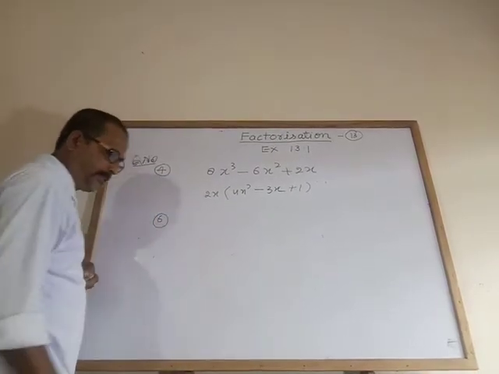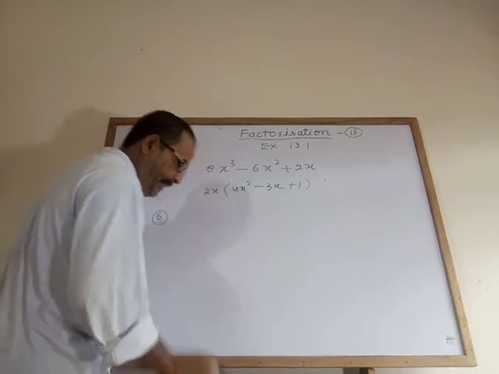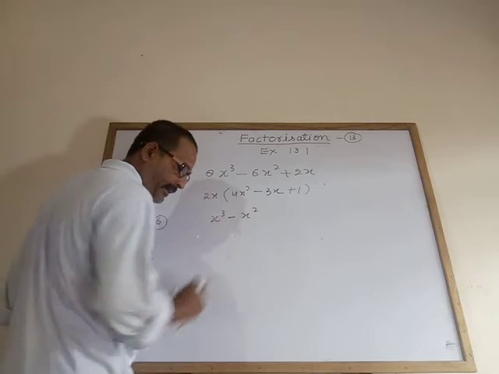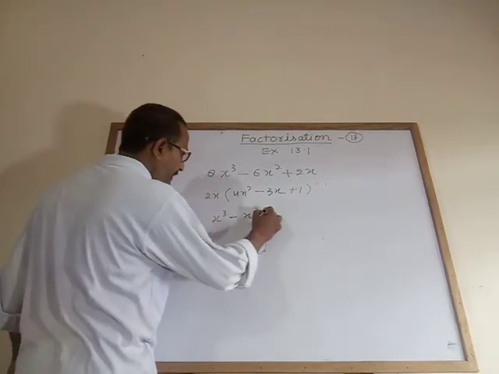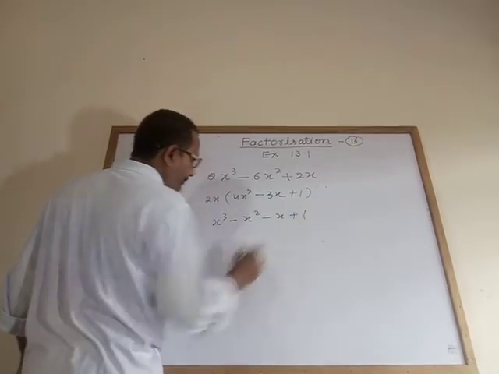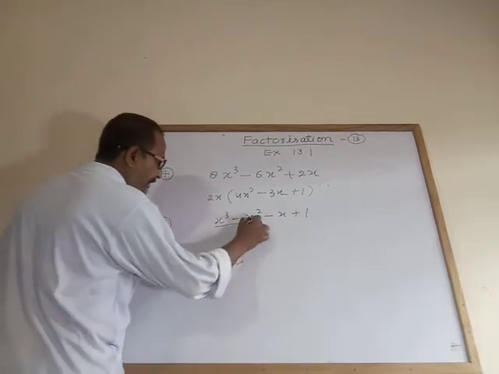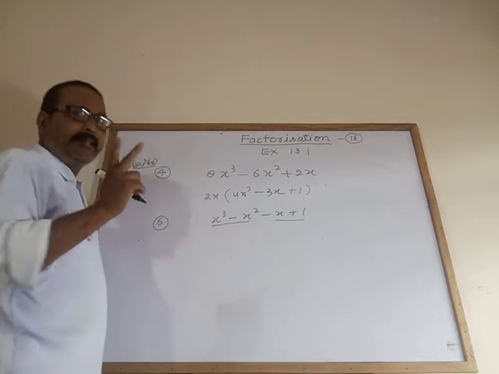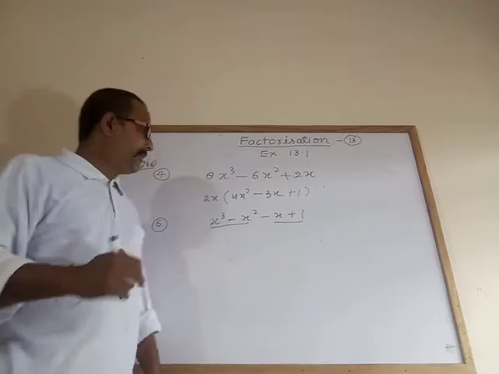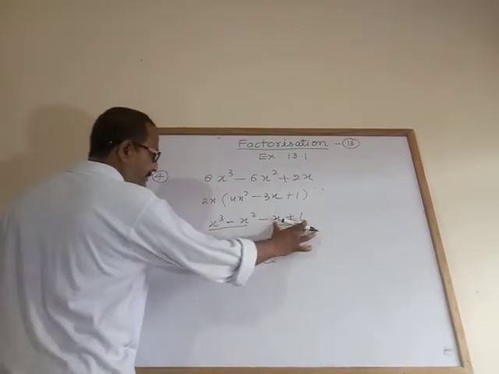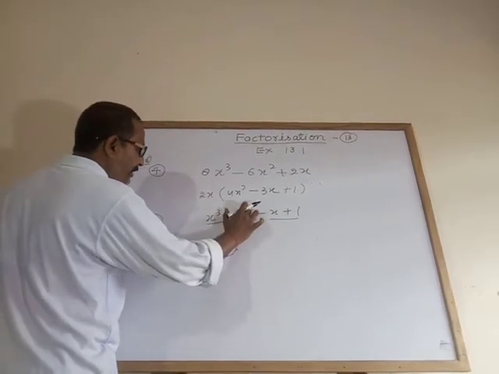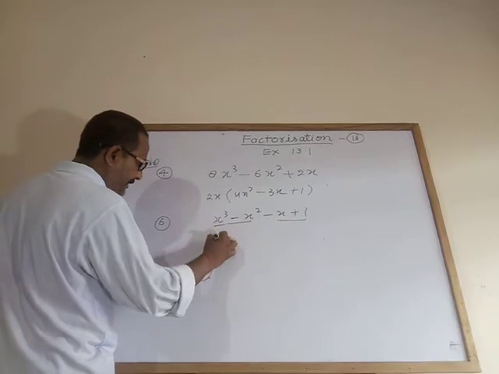Question number 6 is given: x cube minus x square minus x plus 1. See that this is factorization by grouping the term. Second method, factorization by grouping the term. See that in this group x square is the minimum power of the variable, means x square is a common.